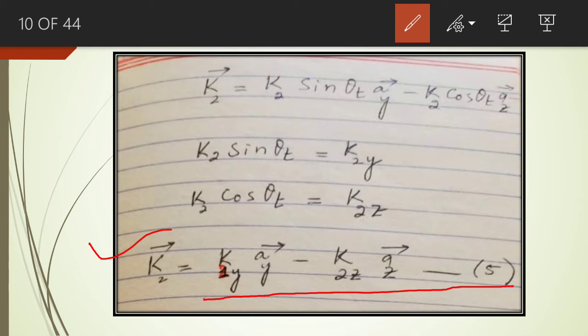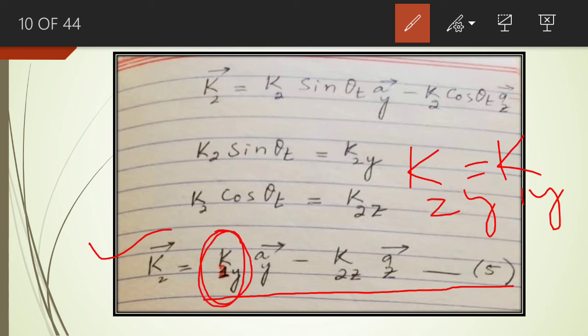And we are going to show that k2y is basically equal to k1y. So you see, instead of k2y, you have k1y over here. So we can show that k2y is equal to k1y.